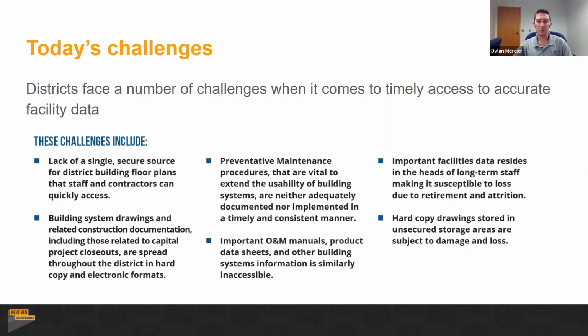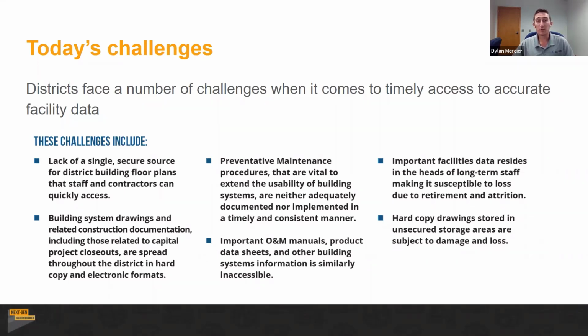Having all your O&M manuals, product data sheets, all of that in one spot. A lot of times when you're working on a PM, or even troubleshooting a piece of equipment, you see it time and time again. Guys are trying to search up PDF manuals on their phone or a tablet, going through Google search, weeding through manufacturers' websites.